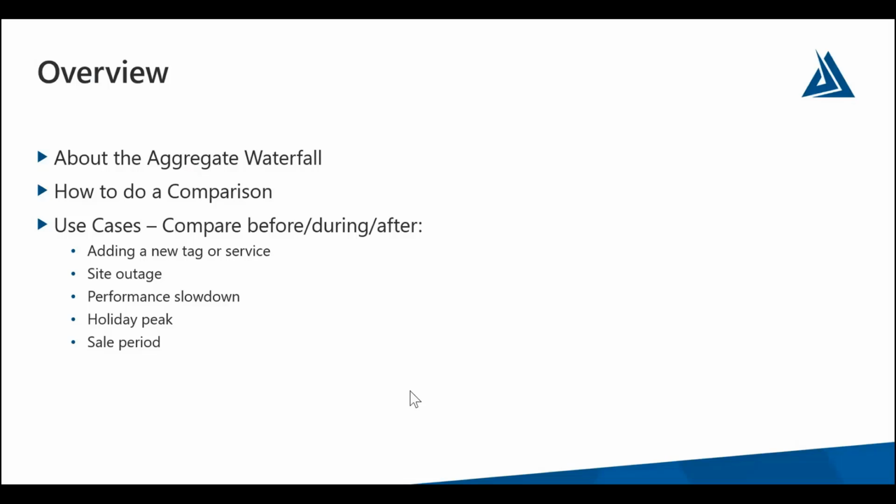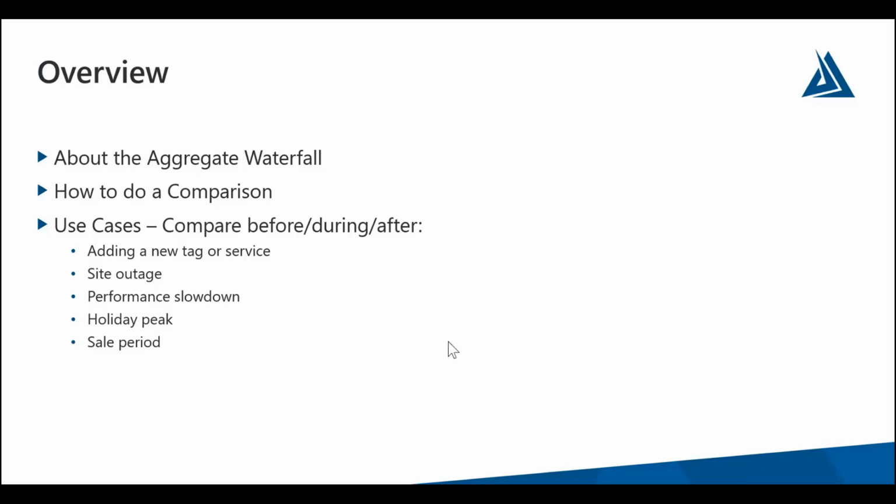And then we'll go through a few use cases comparing before, during, or after some significant site events, such as adding a new tag or service, a site outage, a performance slowdown, a holiday peak, and during or after a sale. So these are all ways you can use this comparison to identify changes in third-party or first-party resources and domains on your site.